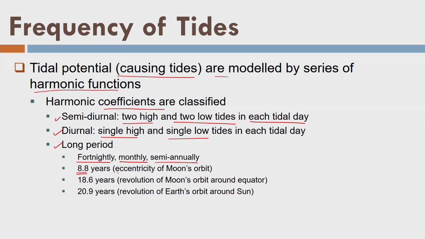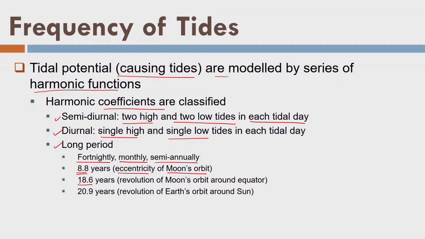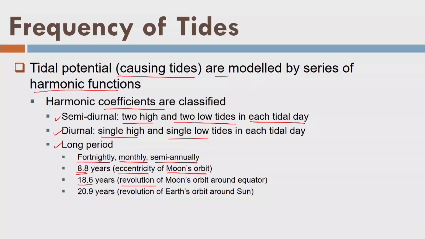Then 8.8 years, because of the eccentricity of the moon's orbit. Sometimes moon is closer, sometimes moon is away from the earth in its orbit. So then we have 18.6 years or 19 years if you remember the figure. That is because of the orbiting of the moon around the earth. Similarly, earth also revolves around the sun over a period of 20.9 years.